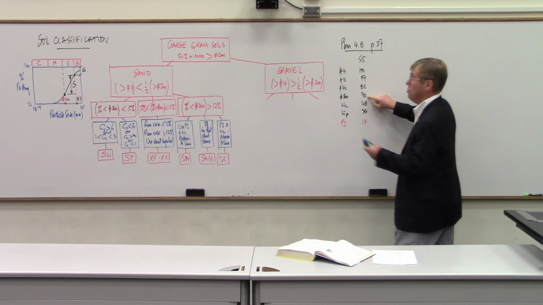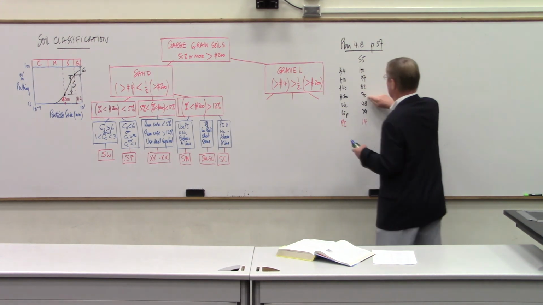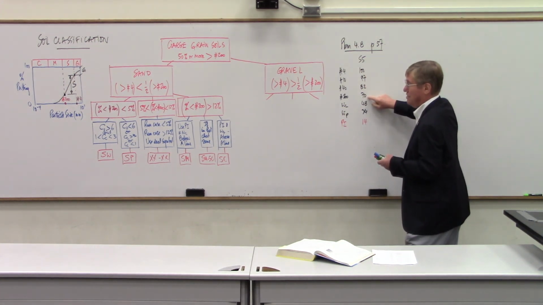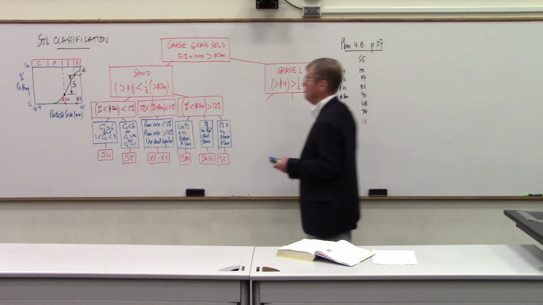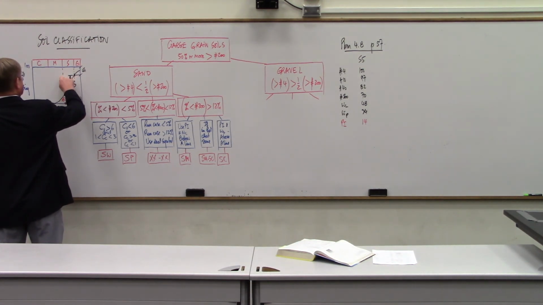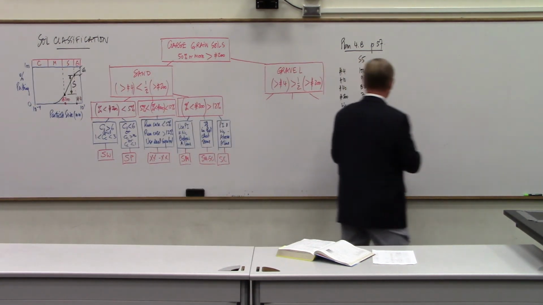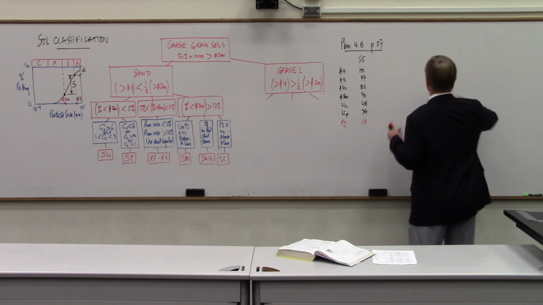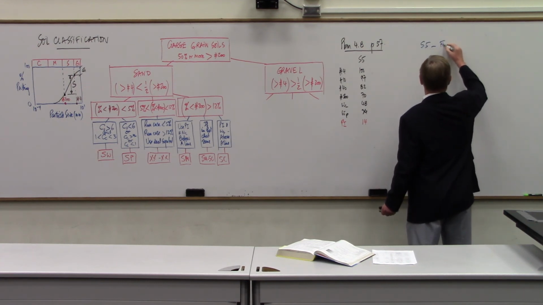So more than 50% is passing 200. So you're in the fine-grained soils. In other words, you've got 70% right here, so you have a lot more fine-grained soil than you have coarse-grained soil. So you know that S5 is fine-grained.